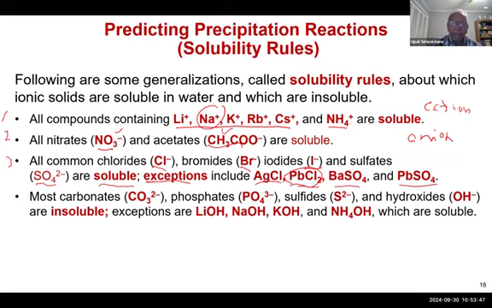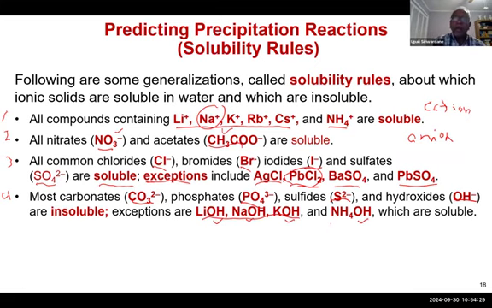All right. So carbonate, phosphate are another set, and hydroxide. The last solubility rule is for carbonate, phosphate, sulfide, hydroxide. Exceptions for hydroxide are these. Lithium hydroxide is soluble, sodium hydroxide, ammonium hydroxide are soluble.